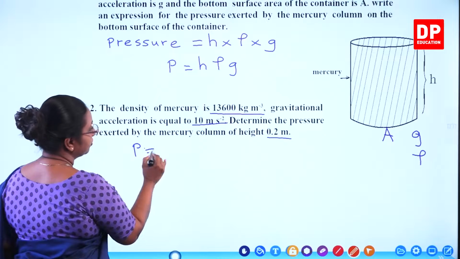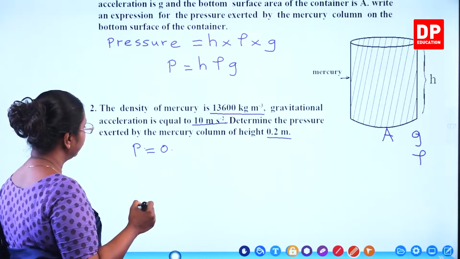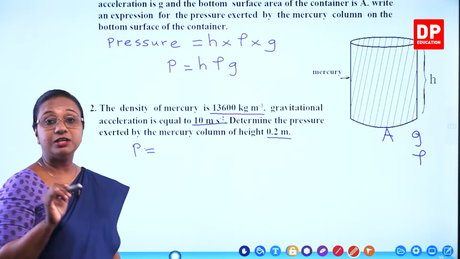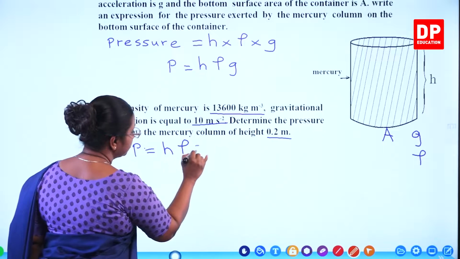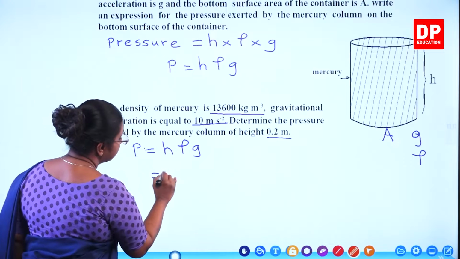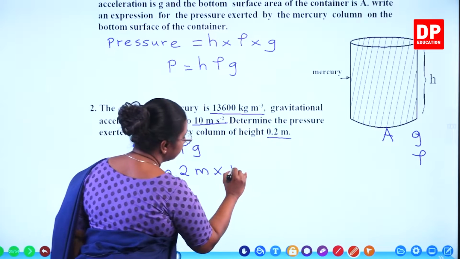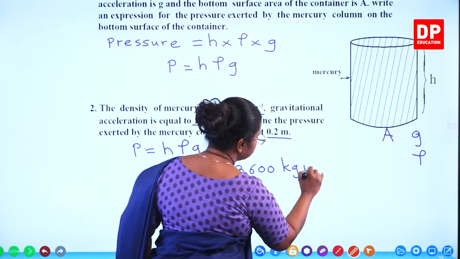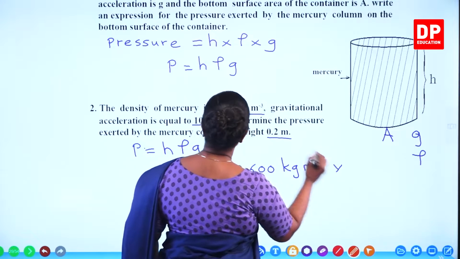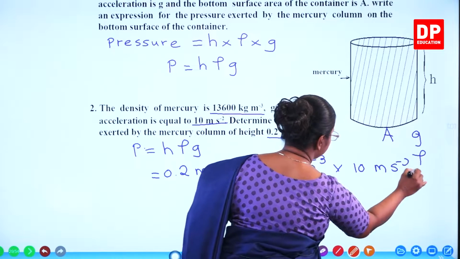It's always better to write the equation and substitute. Pressure equals h rho g. So h is equal to 0.2 meters, density 13,600, into gravitational acceleration 10 meter per second square.